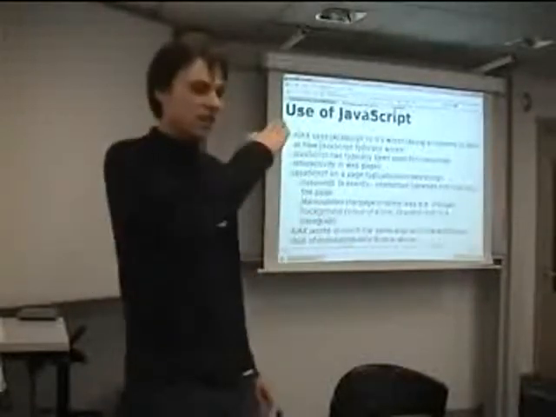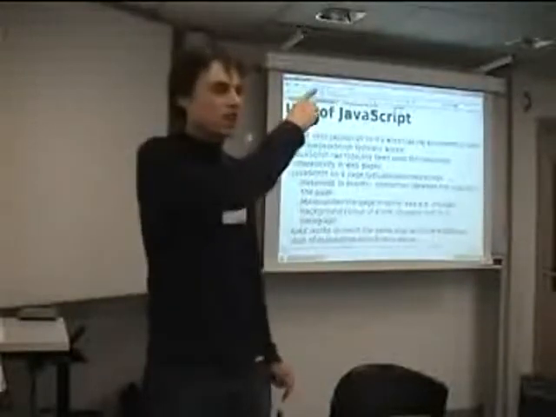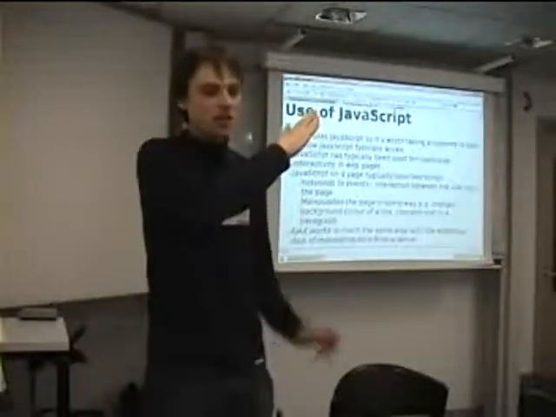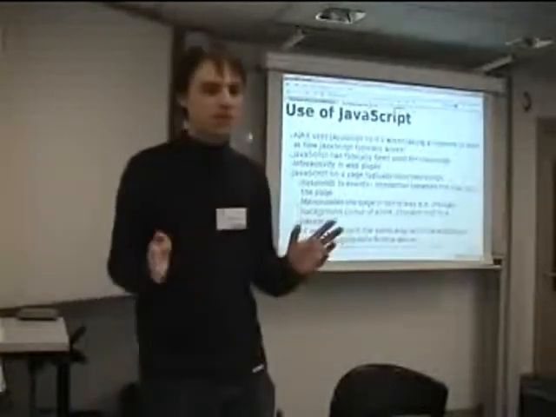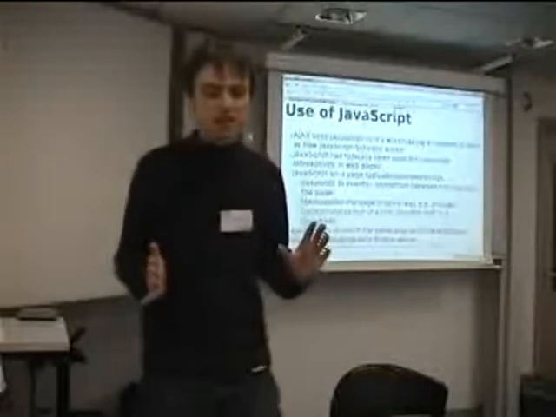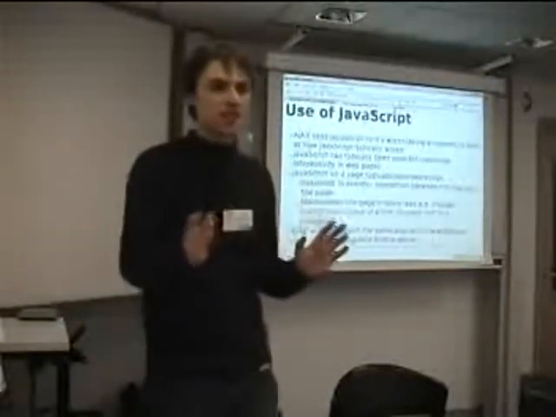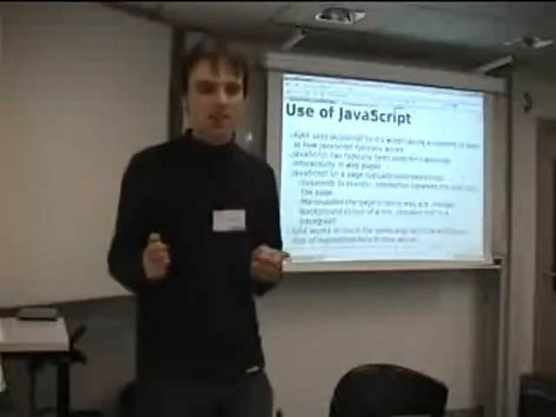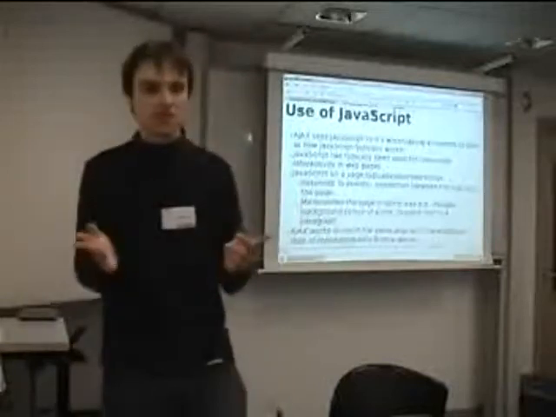If you roll over some sort of menu bar and you see drop-down menus, typically JavaScript is used to make those happen. So basic interactive effects on websites have been around since the year dot, really, using JavaScript.